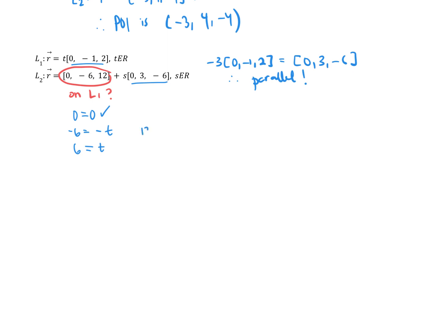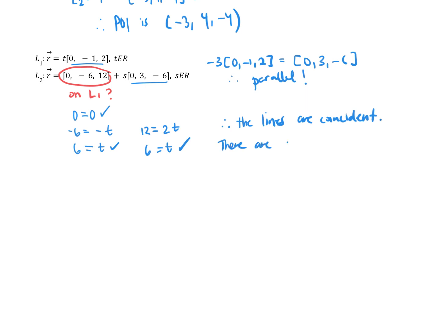Z for line 2 is 12, and we're going to set that equal to the parametric equation of line 1, which is 2t. And we get t equals 6. Well, that means that the lines are coincident. So they all match. Therefore, the lines are coincident.